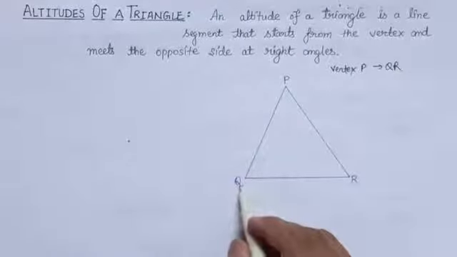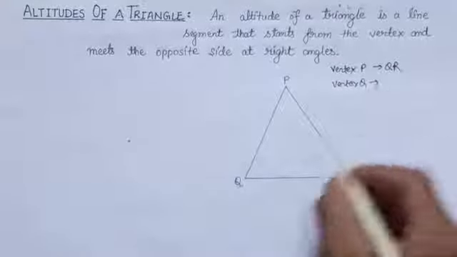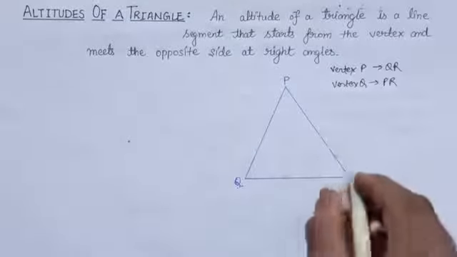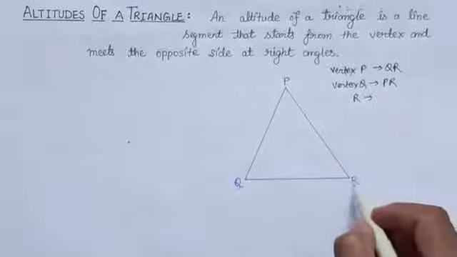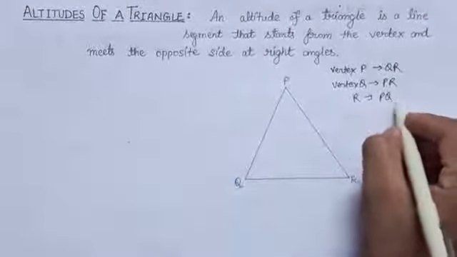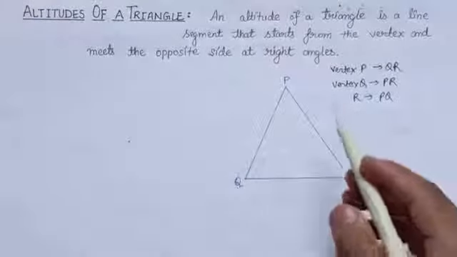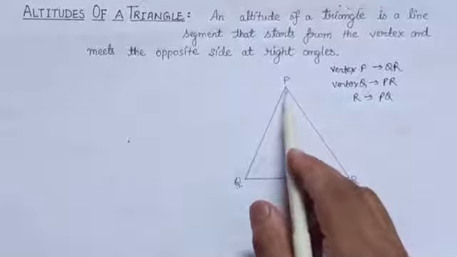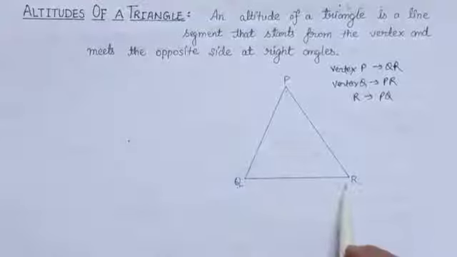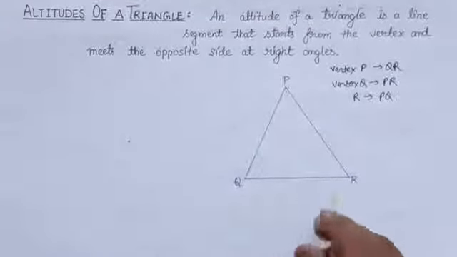If we choose the vertex Q, then the side opposite to Q is PR. And for the vertex R, the side opposite to this vertex R is PQ. Now let us understand what is altitude. Now if we draw a line segment from the vertex P to the side opposite to it, that is QR, such that it meets the side QR at right angle.